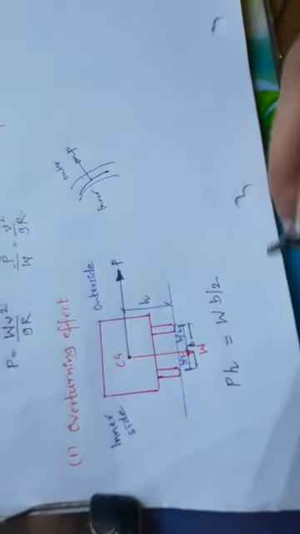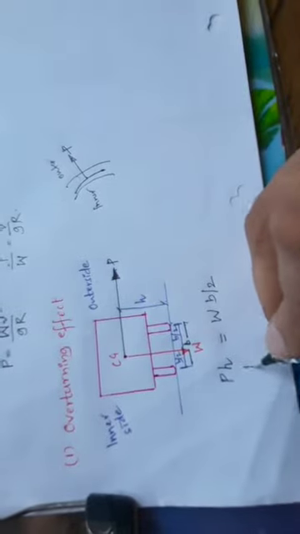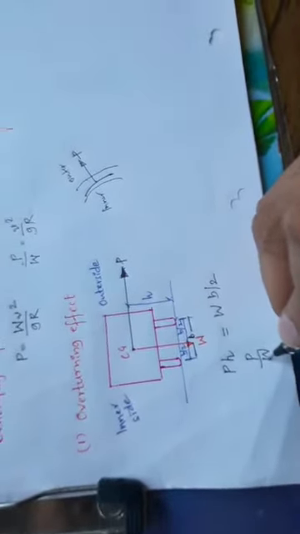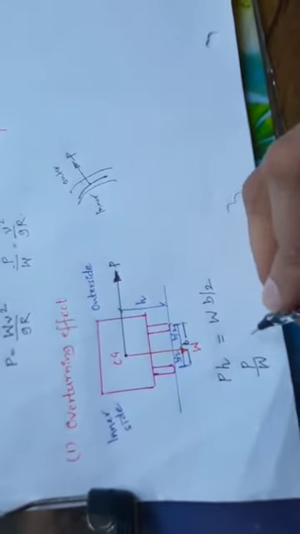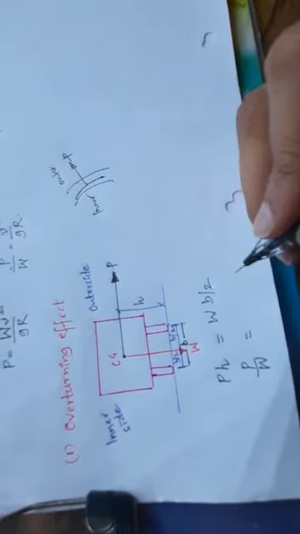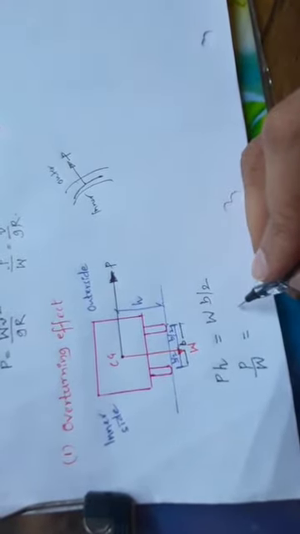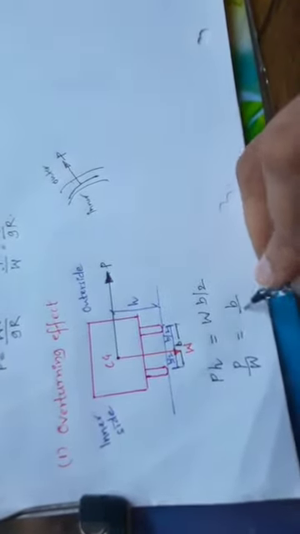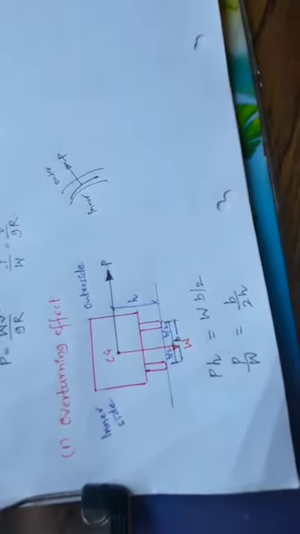And considering this, when I simplify, I will take W to this side, P by W, because that gives me the centrifugal force or impact factor, that is equal to B by 2H.